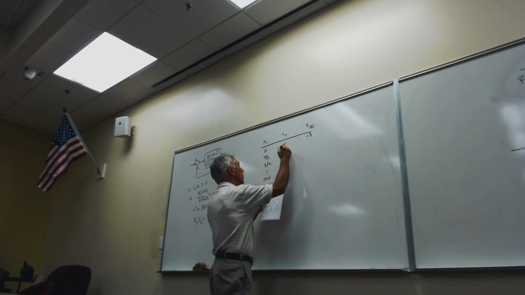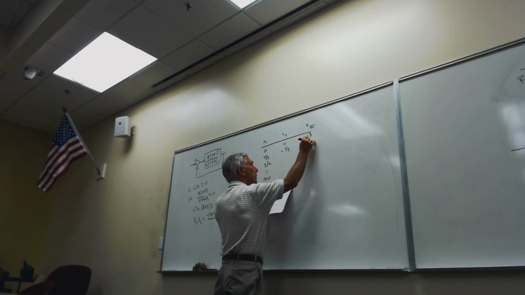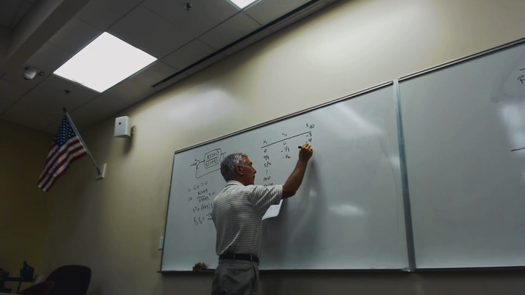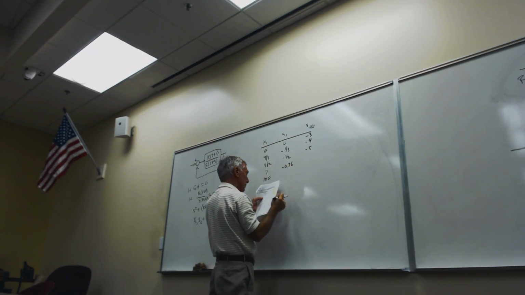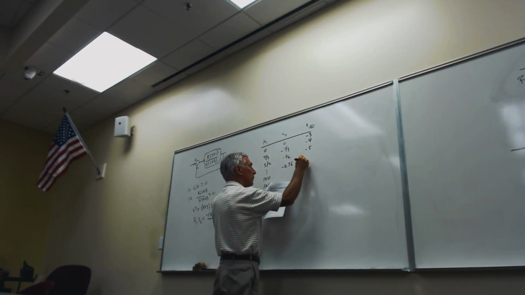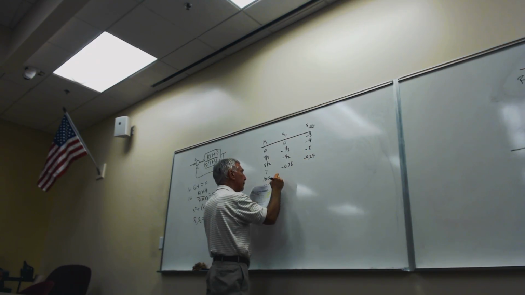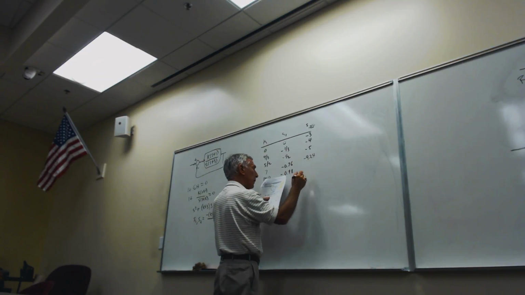Then with 4 thirds, we've got minus 1/3 and minus 4. And then we have minus 1/2 and minus 5. And then minus 0.76 and minus 9.24.